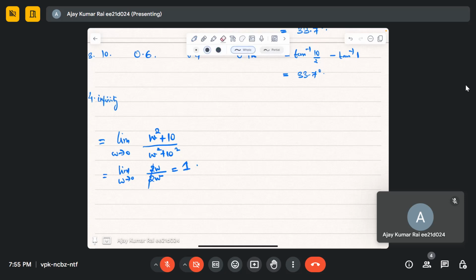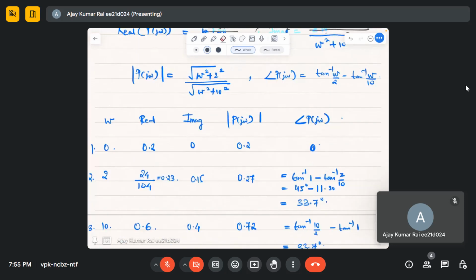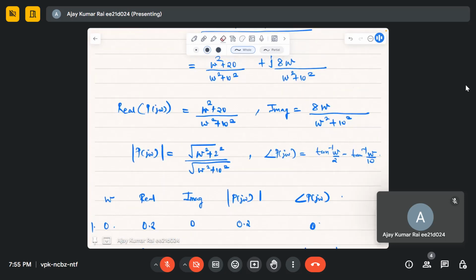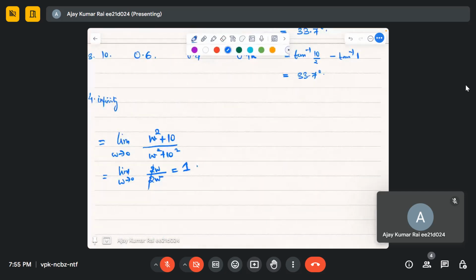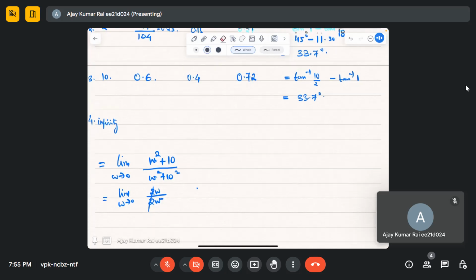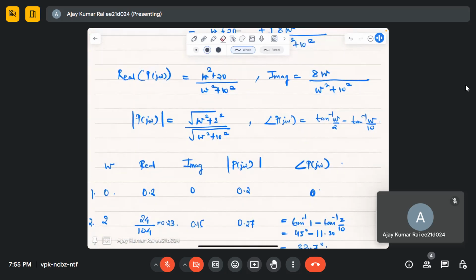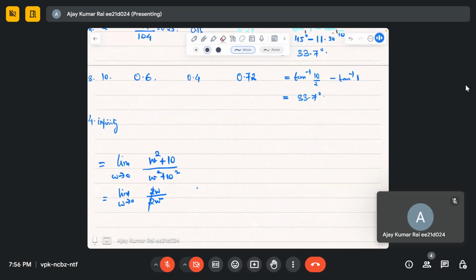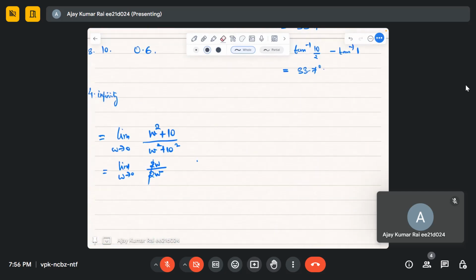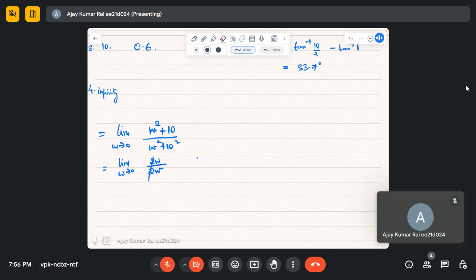Where omega square plus 2 square is which one? The numerator. What will I get in the numerator? I'll get 2 omega itself, if you differentiate omega square, it is 2 omega, right? So this is the L'Hospital rule form.